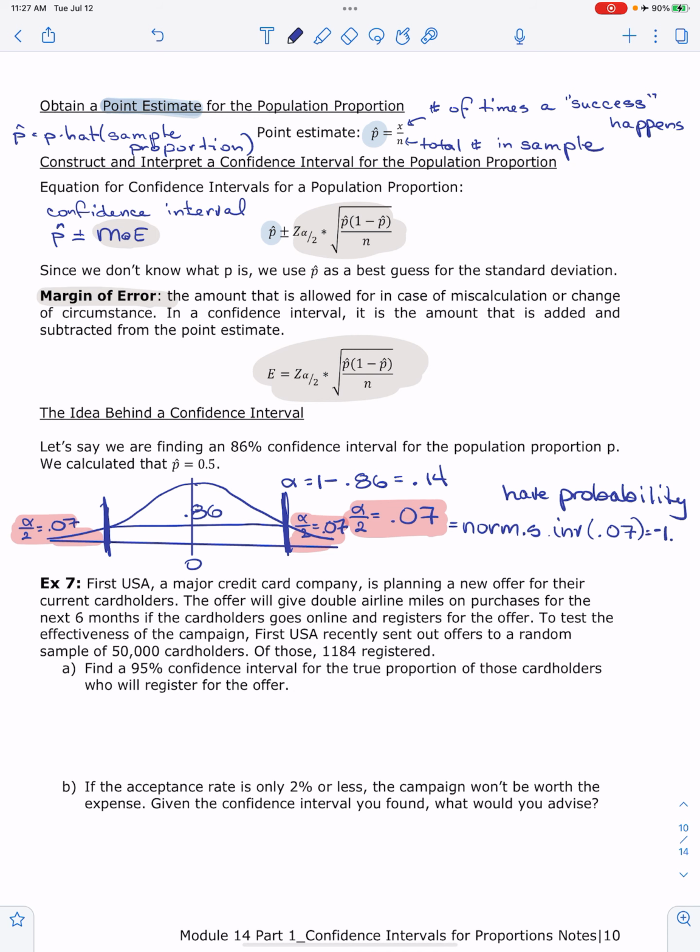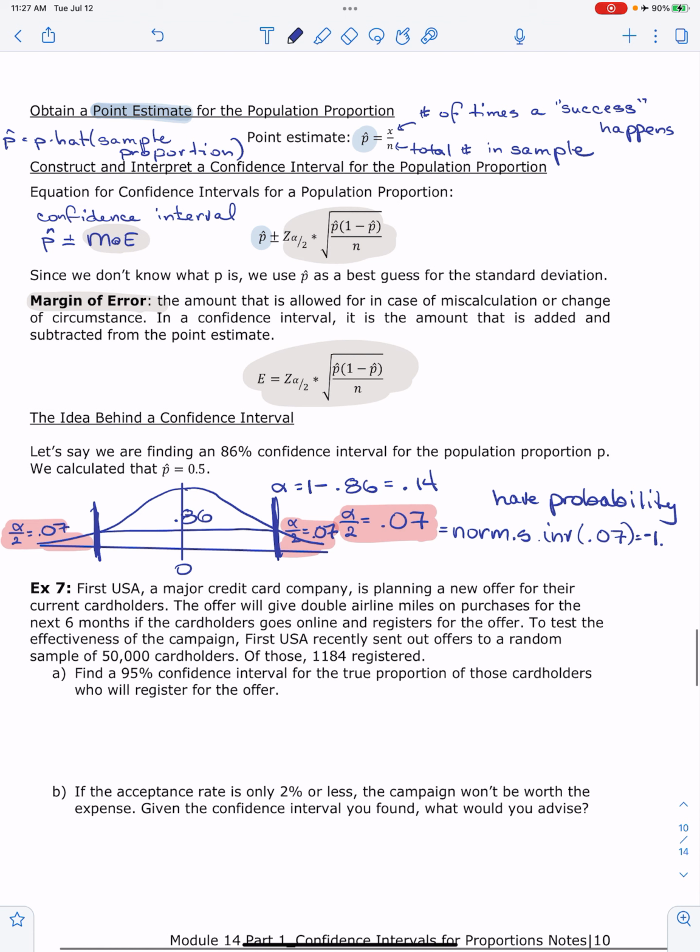I get a negative 1.4757. Again, we are rounding to two places for z-scores, so negative 1.48. That means this right here is my negative 1.48. Now, I could have done these using the 0.5 and the standard deviation. I would have to find the standard deviation. Not worried about that right now. So let's find the other z-score.